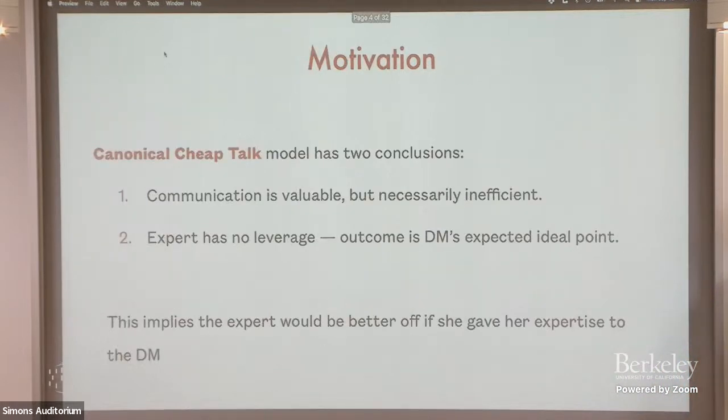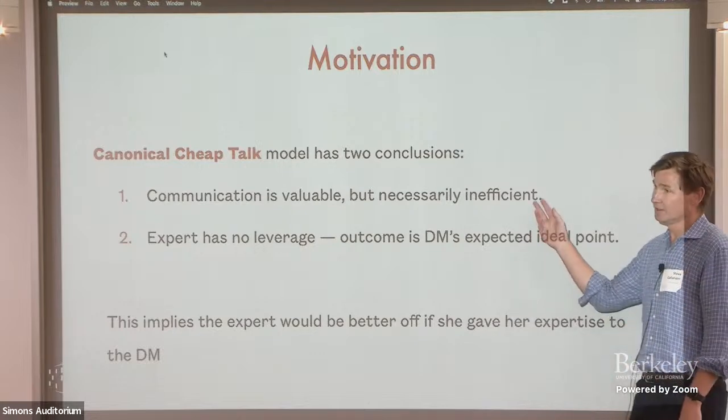All right, great. Many of you don't know the cheap talk literature or strategic communication, so let me just tell you two classic intuitions that come out of the canonical models, the Crawford-Sobel model, and much of this work after that. If you read Crawford-Sobel and the cheap talk literature, two prominent conclusions come out of it.